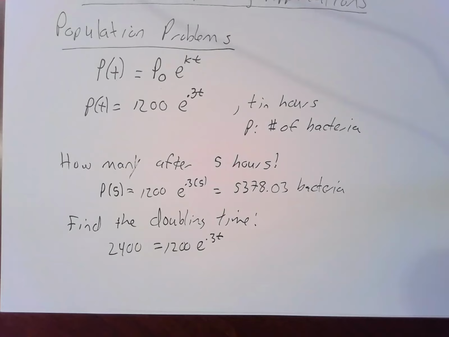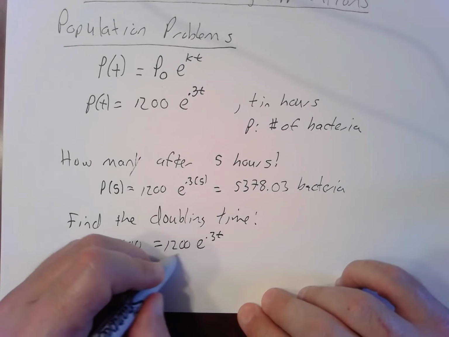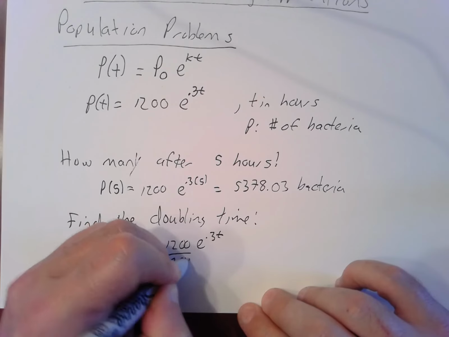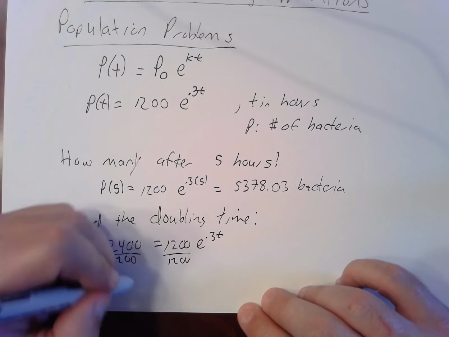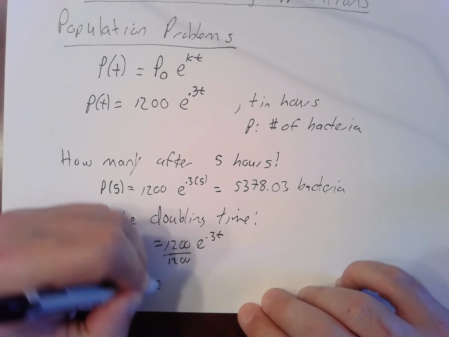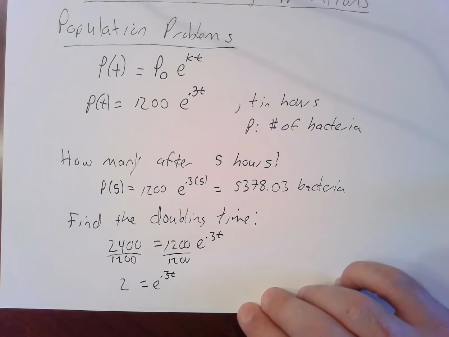Hey, that's an exponential equation. It's a good thing we know how to solve exponential equations. So I could divide through by the 1,200 here. Of course, on this side we get 2 equals e to the 0.3t.